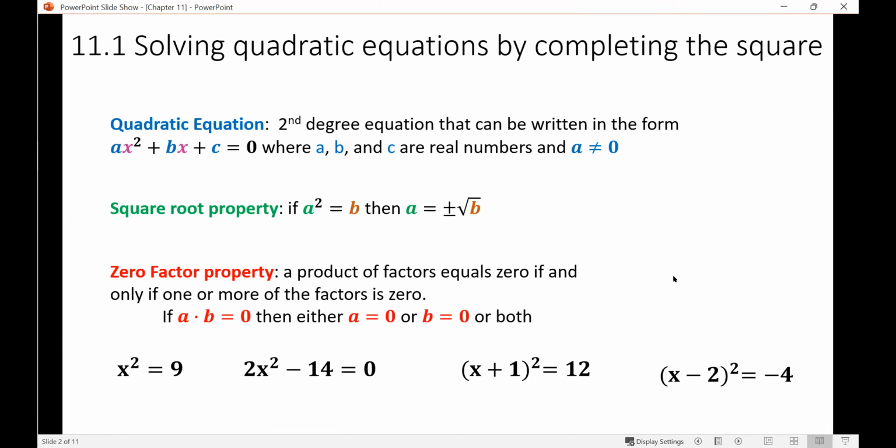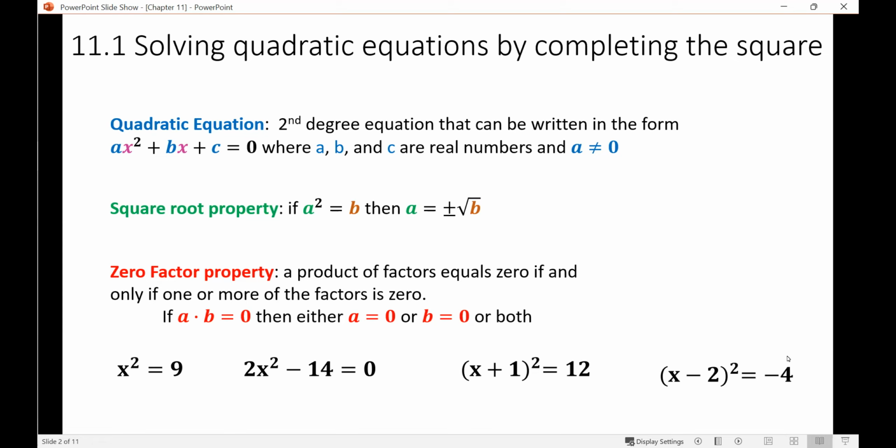Here are some examples that I want to do for you to show you how we would solve these quadratic equations using the square root property. So let's take it to the whiteboard and I'll go through each of these 4 examples.